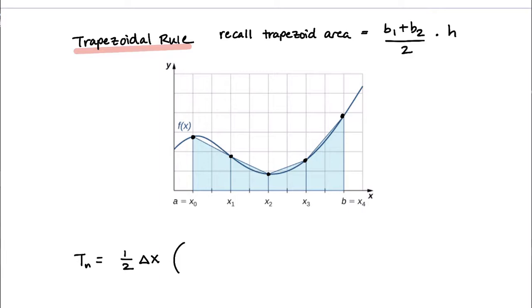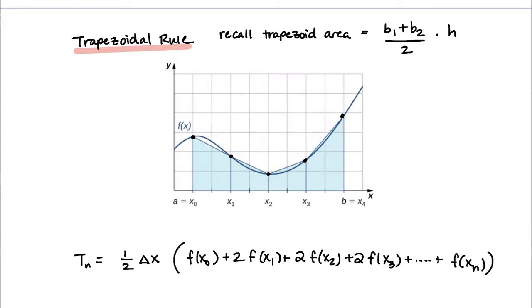The delta x here is functioning as the height, so we've got h over 2 out front, and then when we do the work of adding up the bases and averaging, it simplifies down to f of x sub 0 plus 2 times f of x sub 1 plus 2 times f of x sub 2 plus 2 of f of x sub 3, so on and so forth. But then the last one, f of x sub n, does not have a 2.